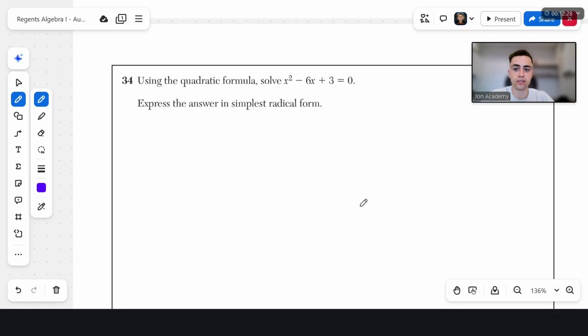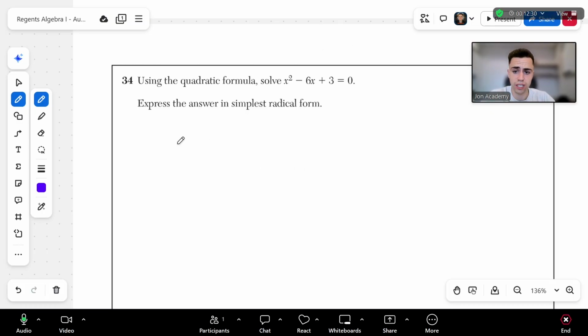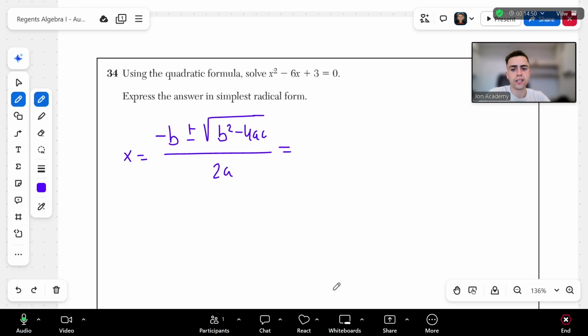Using the quadratic formula to solve this is very easy. Quadratic formula, it was minus b plus minus the square root of b squared minus 4ac divided by 2a, no? So now we got the formula there, and now let's just substitute a, b, c.